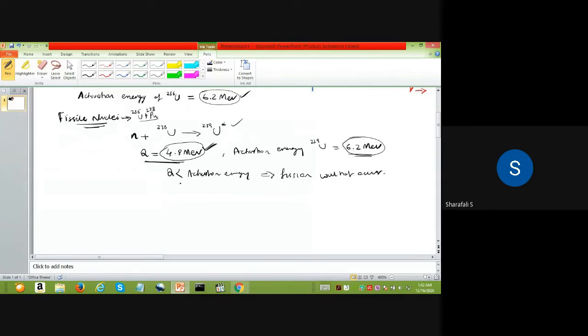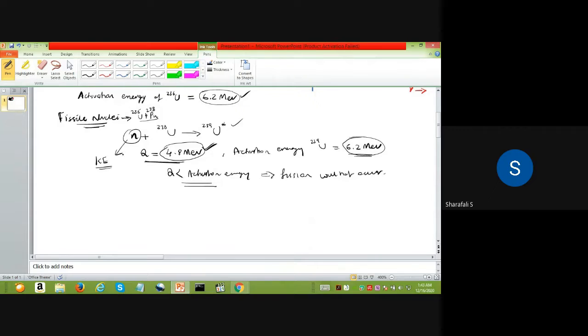So in these kinds of reactions where you do not have that much energy, that Q value which is not that much of the activation energy, then you have to give some kinetic energy to this neutron.